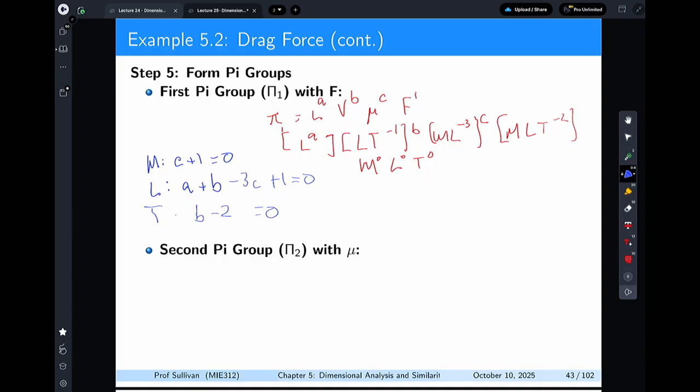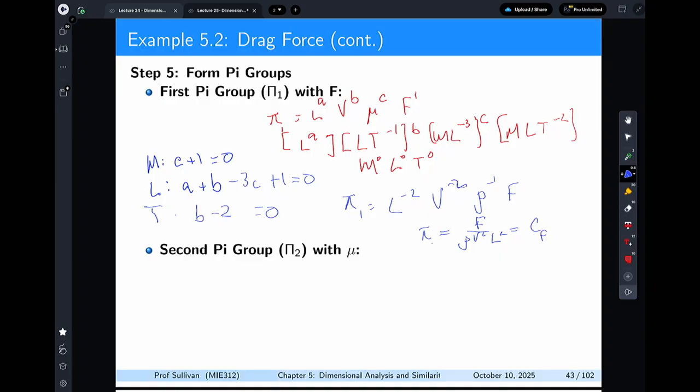And so pi 1 is equal to L to the minus 2, V to the minus 2, and rho to the minus 1, and F, which yields a pi 1, which is equal to F over rho V squared L squared, which is equal to a coefficient of friction.